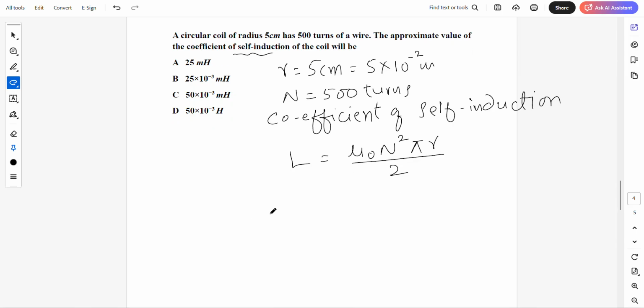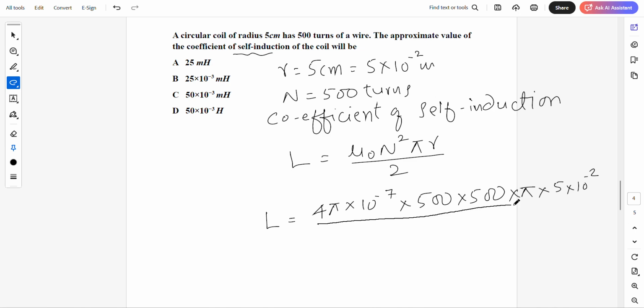Just substitution. L is equal to mu naught, which is 4 pi into 10 to the power of minus 7, into N square, which is 500 into 500, into pi into R, which they have given as 5 into 10 to the power of minus 2, divided by 2.